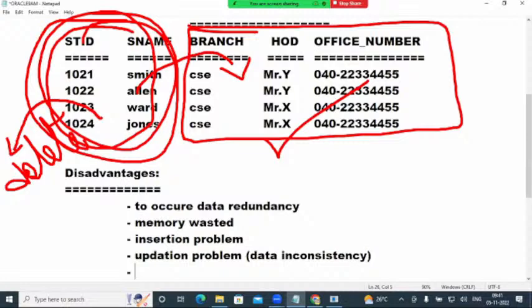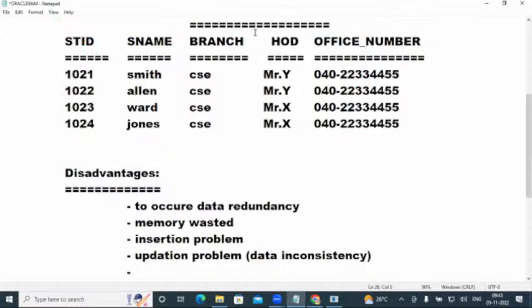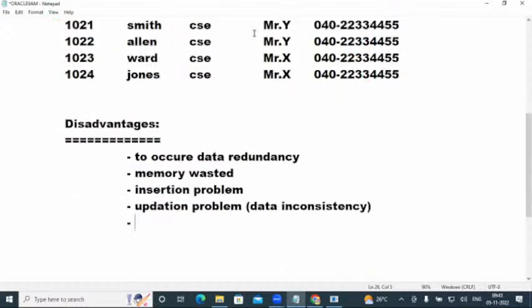So if I delete one data, I lose the other data. Yes or no? This is one more problem when your data is in a single table. That is called a deletion problem.